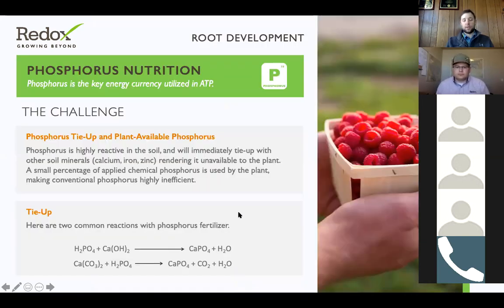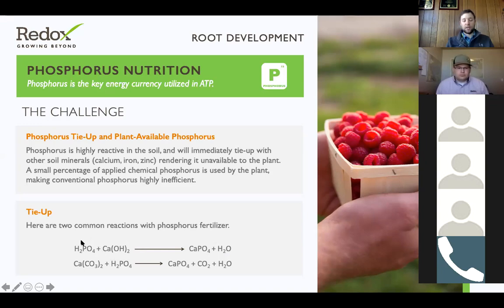So that's what we can do with the phosphorus that's already in our soils. But what can we do with the inputs when we're trying to put phosphorus in? With applied phosphorus nutrition, the challenge is that tie-up, right? These are two common calcium reactions. Phosphate has two negative charges on it, so it binds up readily with cations, especially divalent cations: calcium, zinc, some forms of iron, things like that.